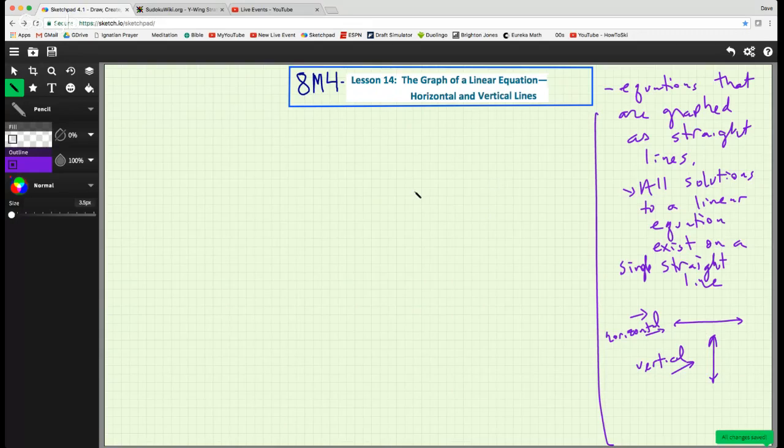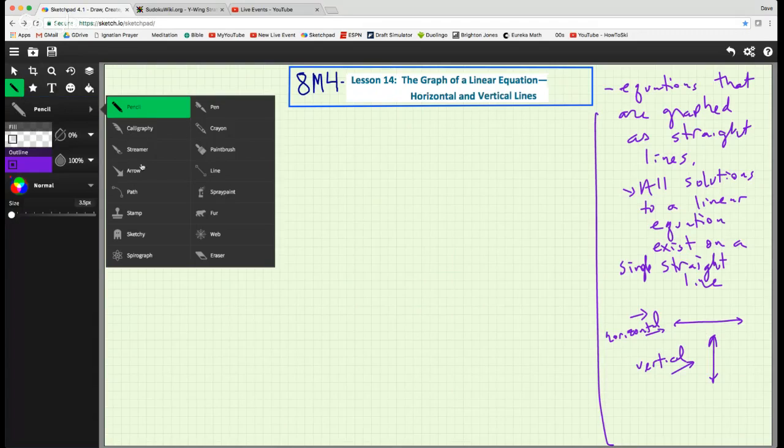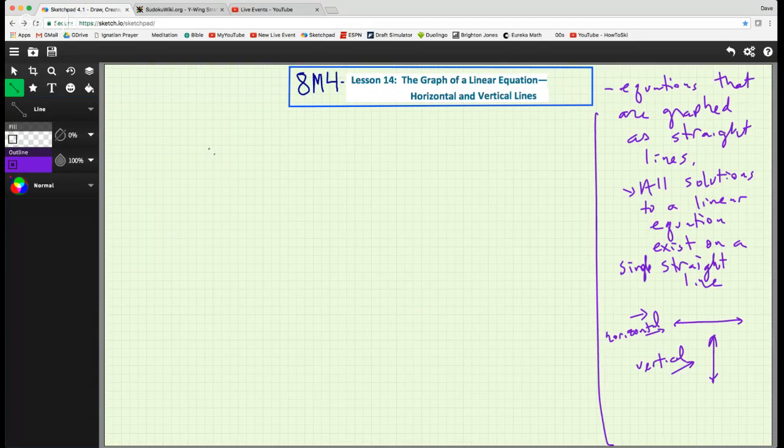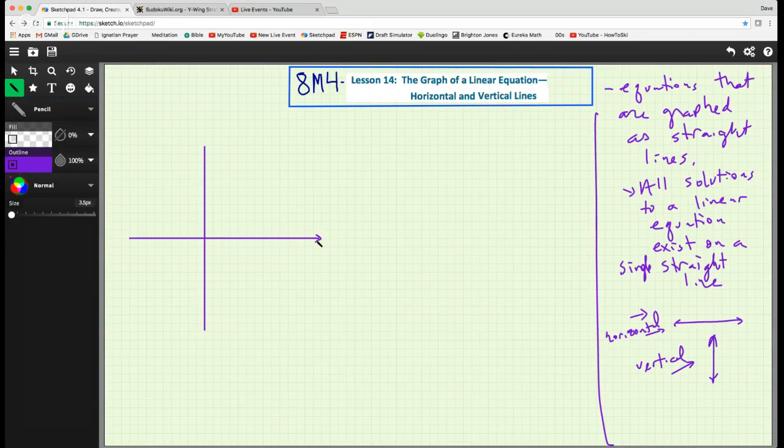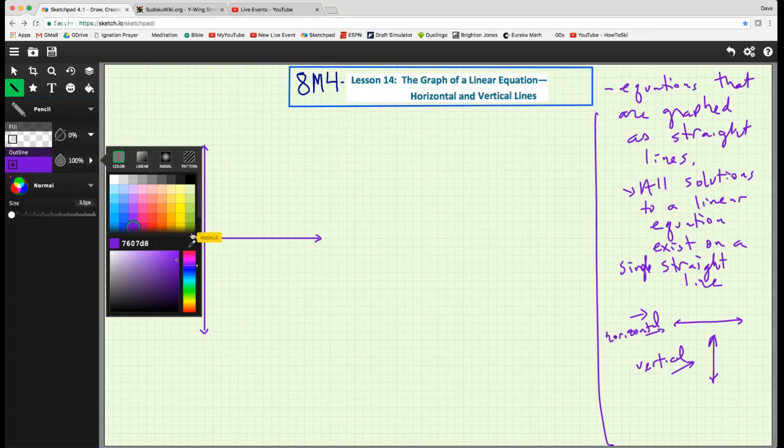Okay, so let's begin looking at this, and let's just do a little exploration first and see what happens. We'll draw our coordinate plane in purple, and then we'll draw our points that we'll map in the equation in red.